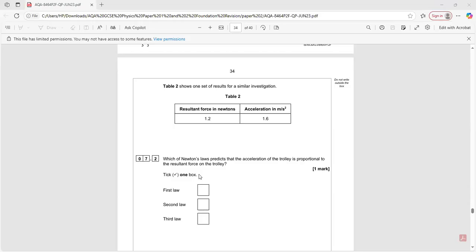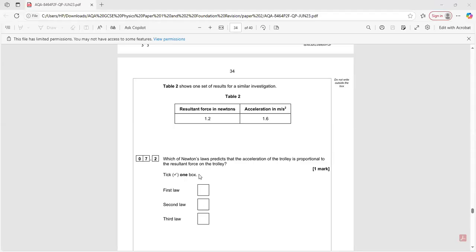Newton's laws, I remember them in the exact order. One of them says that for every action there's an equal but opposite reaction, right? I think the first one says an object would remain in a state of rest or constant motion until it is acted on by an external force.